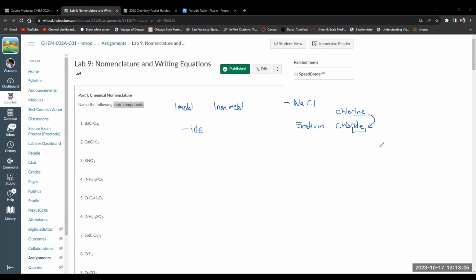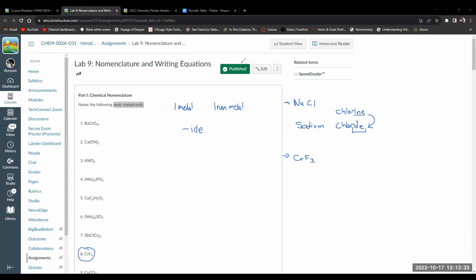So let's take one from your sheet here. I know some of these look crazy, but we'll get there. Let's take a look at number 8, CrF3.